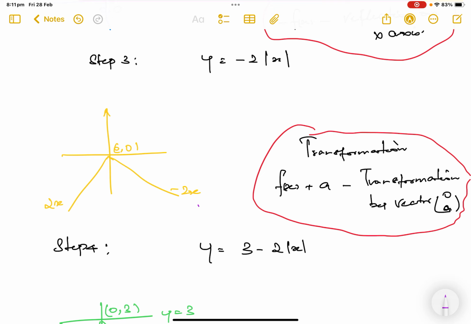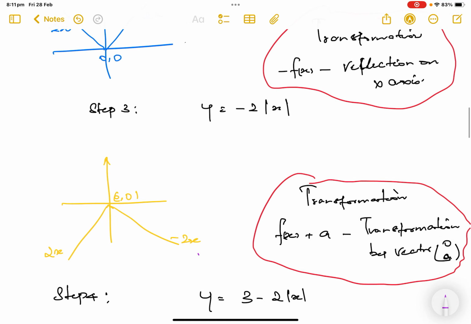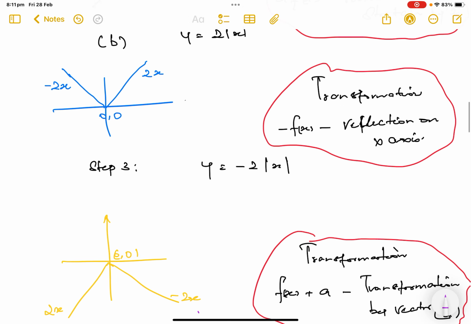Then a transformation, say f(x) plus a, the transformation is the vector, the translation (0, 2). So in other words, the y coordinates will increase. So when you do that, it will increase.